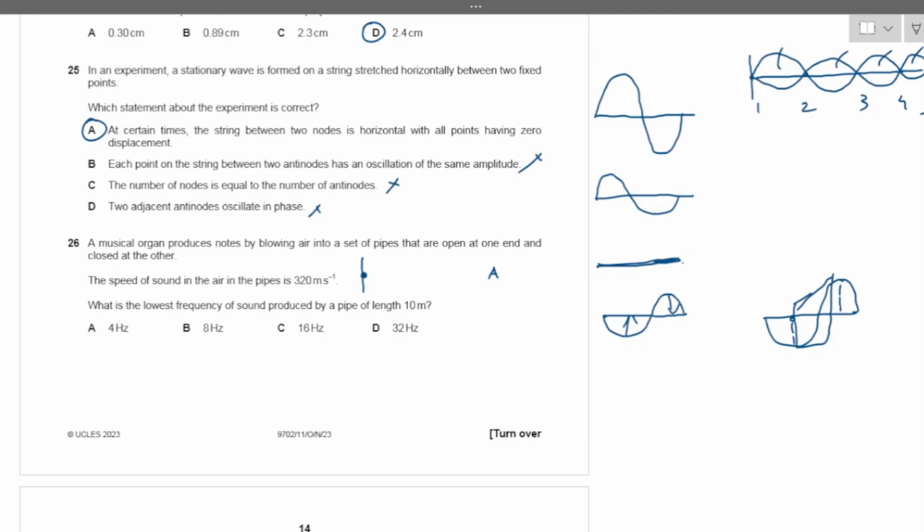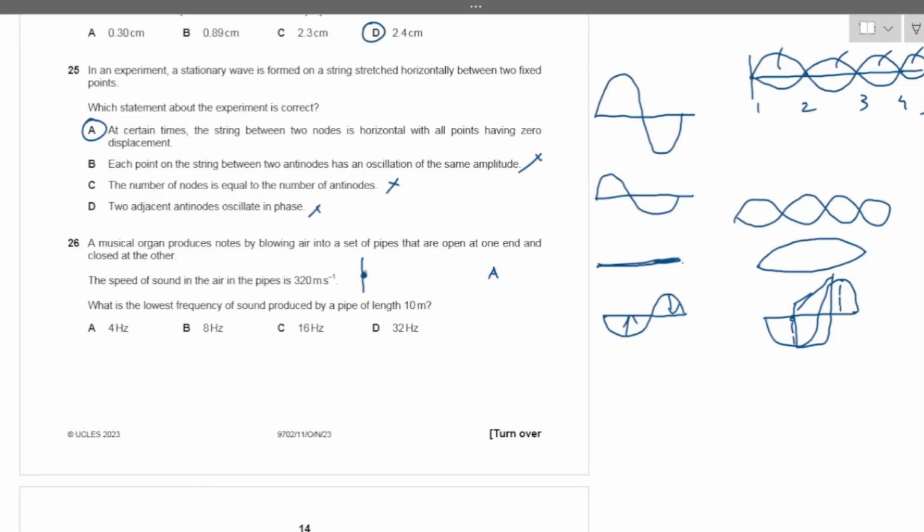Right. So to have the lowest frequency, you need to make such a stationary wave that would have the longest wavelength, right? So how low as a stationary wave can you go? A stationary wave could go like this, or a stationary wave could go as low as like this. If you go any below than that, then you can't call it a stationary wave.